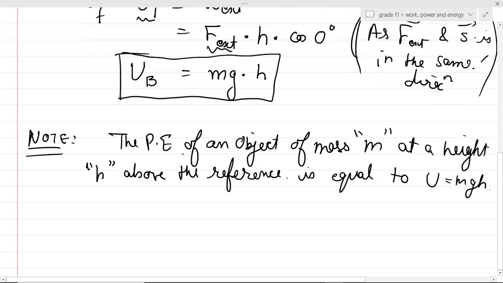Okay, please remember, height h above. This is very important.